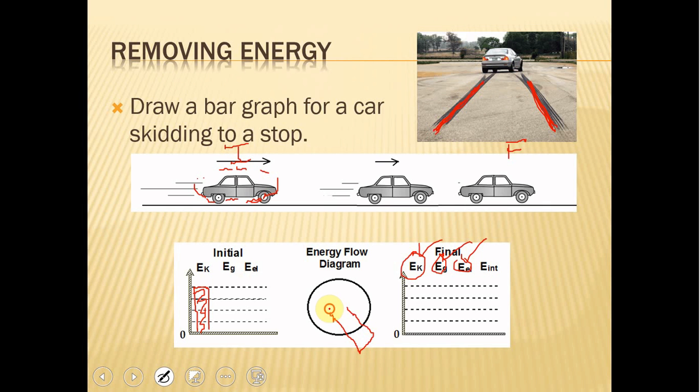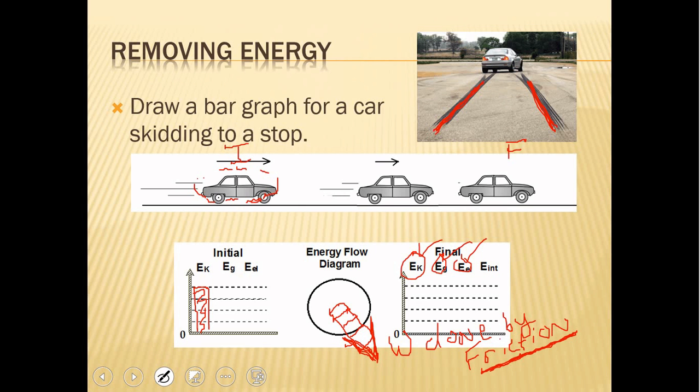It's going to go into our road. So 1, 2, 3, 4, my four bars leaving. I'm going to identify it: work done by friction from the road. So my agent, the force which causes that energy change, is identified.